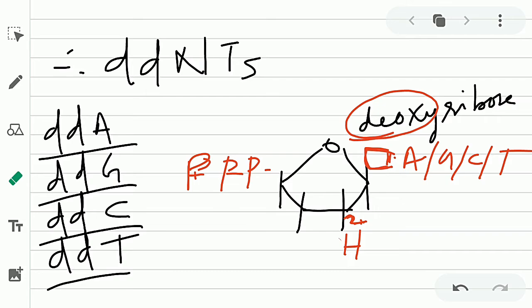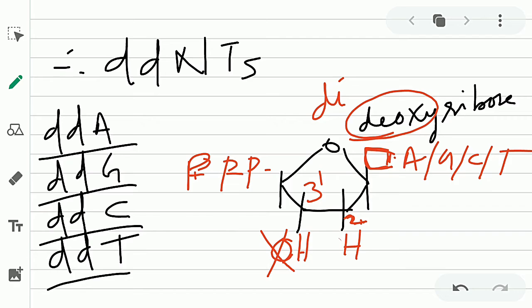But in dideoxy, on the third carbon, deoxyribose has an OH here, but if it is dideoxy, this oxygen is also removed.